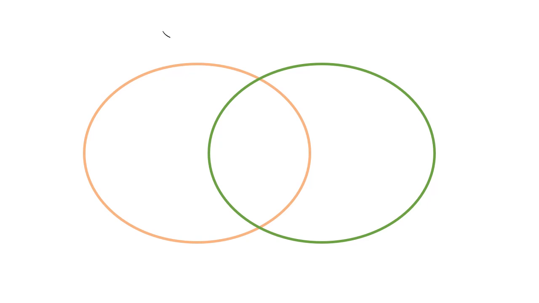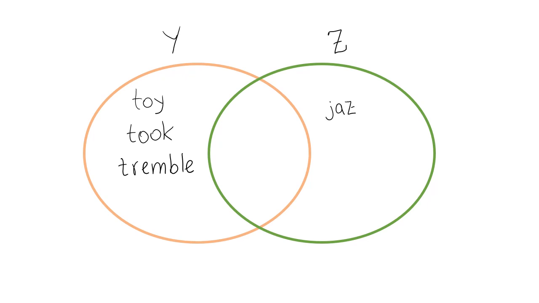Let's say that the set Y is going to be the set of words that start with the letter T. So something like toy, took, tremble. These are words that start with the letter T. And let's say that the set Z is the set of English words that end with the letter Z. So maybe something like jazz, quartz, things like that.